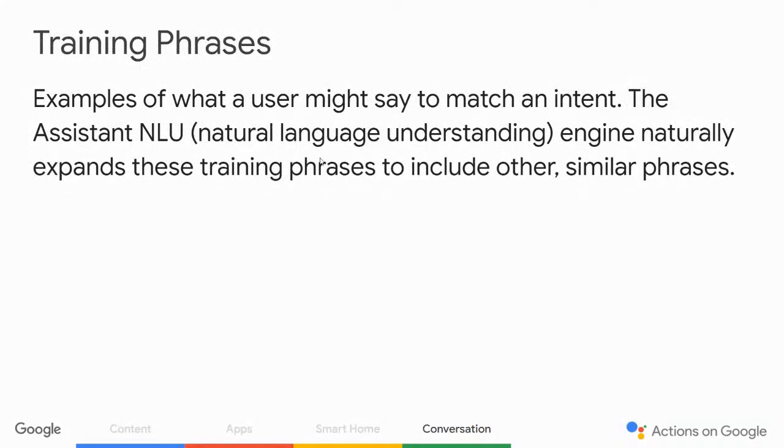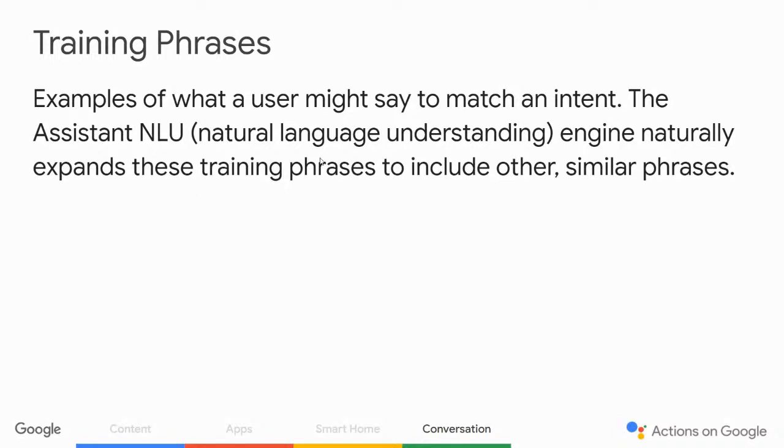Okay. And moving on from intents, I touched on what training phrases are. They are examples of what a user might say to match an intent. In our example that we saw, we had dragon and translator. Those are options. Then again we had yes and no. Those can be intents: a yes intent and a no intent.